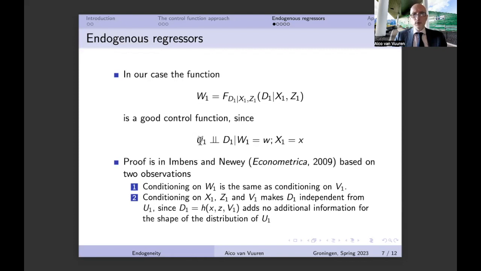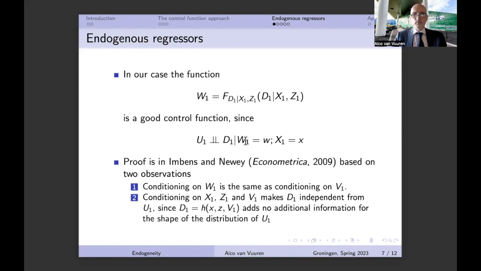We have already seen that u1 is dependent on d1, so we do not have independence between u1 and d1, even if we condition on the regressors x1. But now we state that u1 is independent from d1 when, apart from conditioning on x1, we also condition on the control function w1.